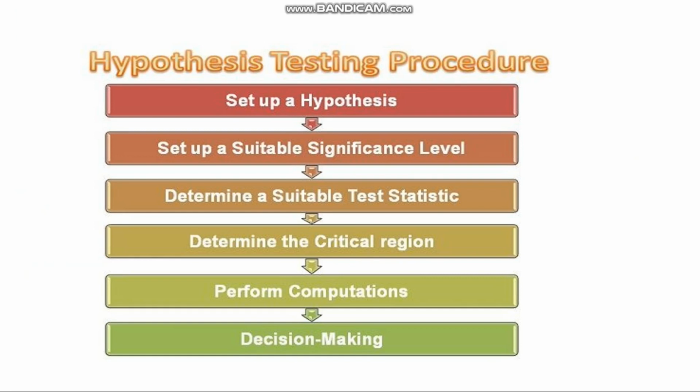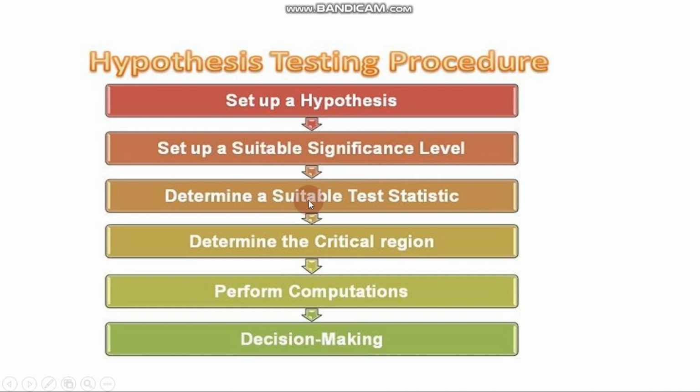These are the steps followed by the researcher to take the decision. First, he has to set a hypothesis based on the need of the research. Then he has to select the suitable significance level.